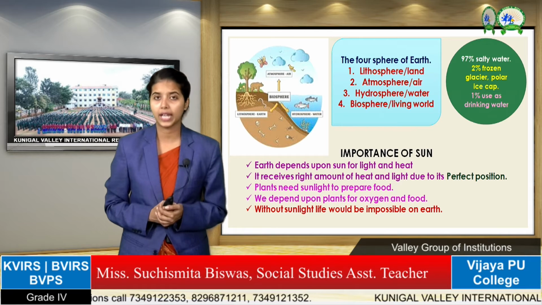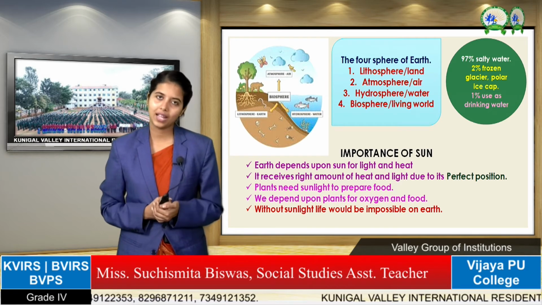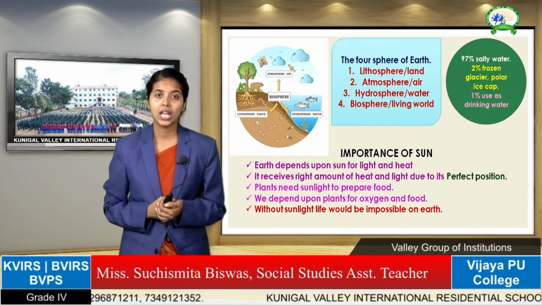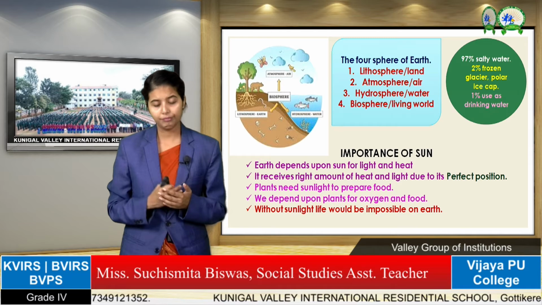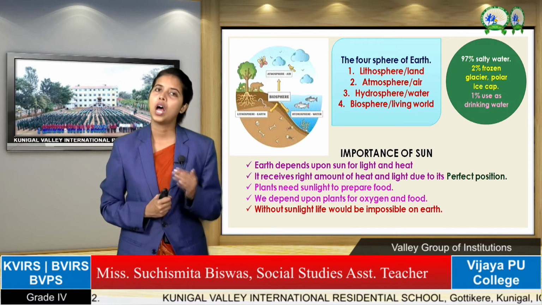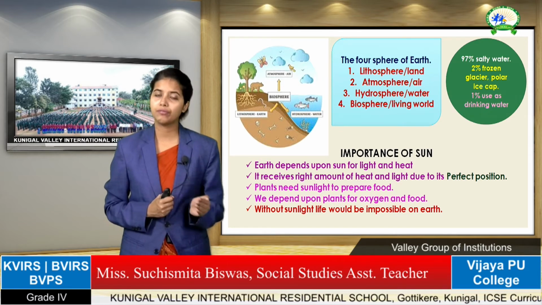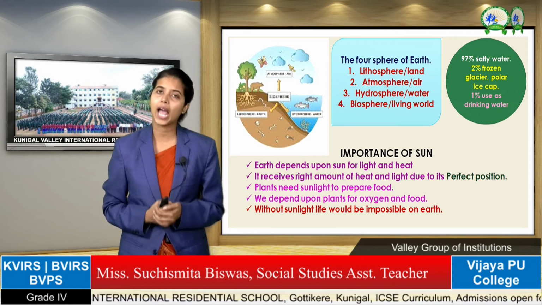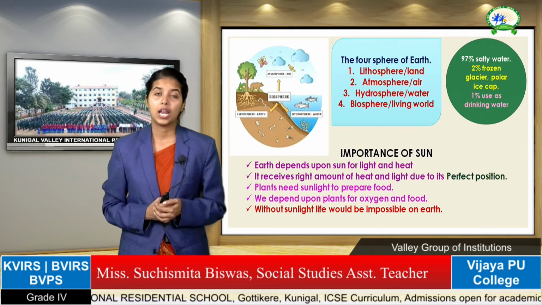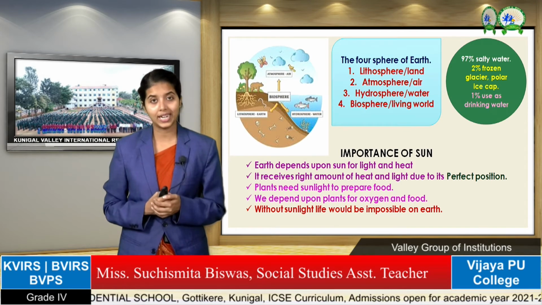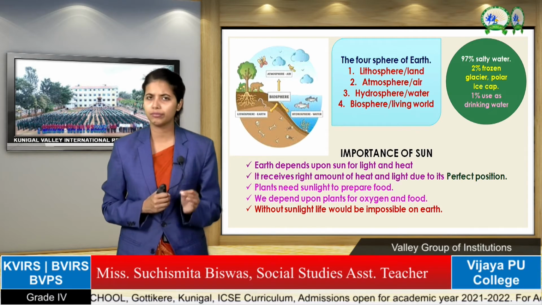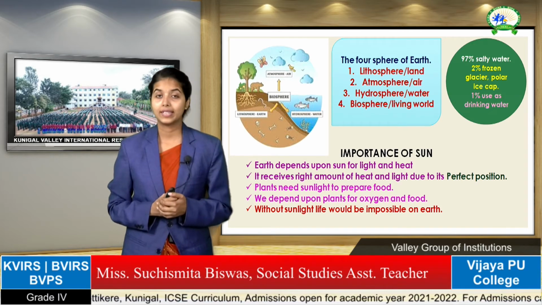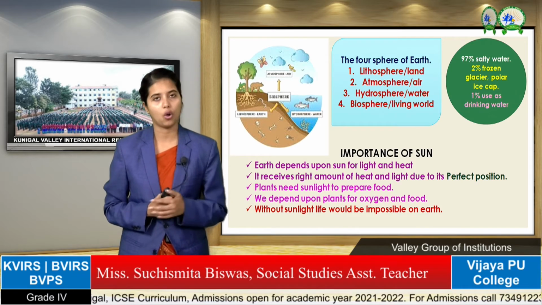You have to remember why only Earth has life on it. Because of its perfect distance from the sun. The sun's rays that we get are at exactly the perfect amount that supports life on it.